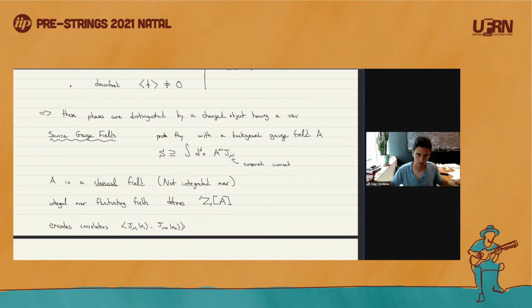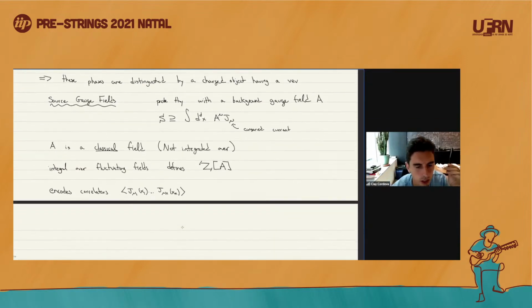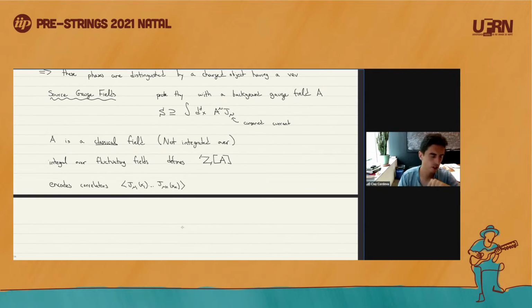So we'd now like to discuss what is the right notion of gauge fields for more general types of symmetries.